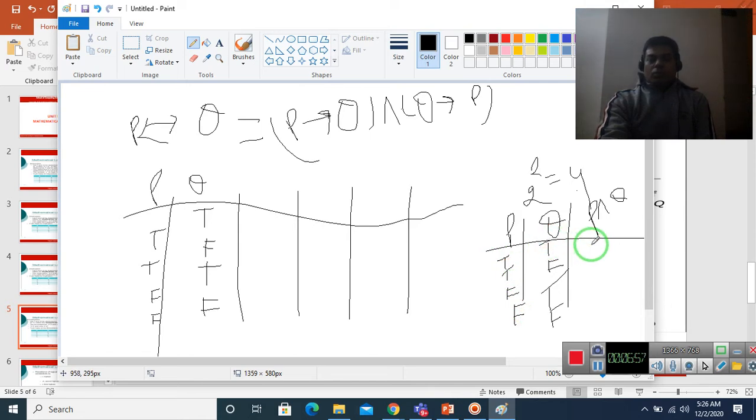Both true, the result will be true; both false, the result will be true; otherwise it will depend on Q. If it is false, the result will be false.